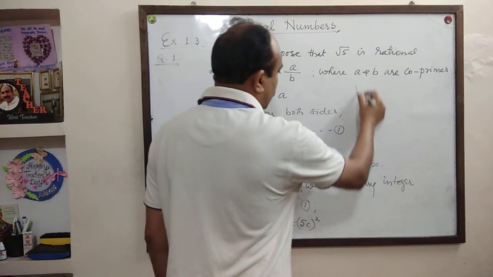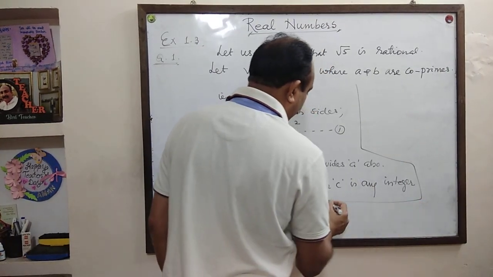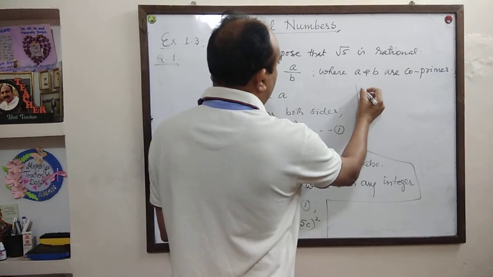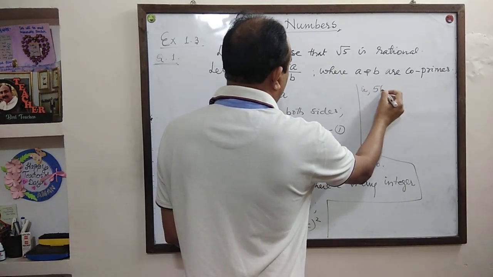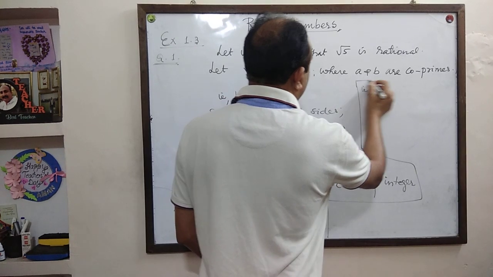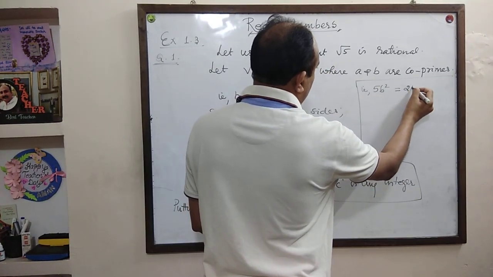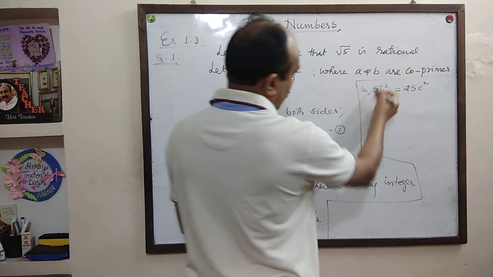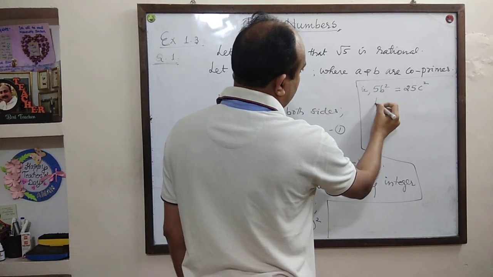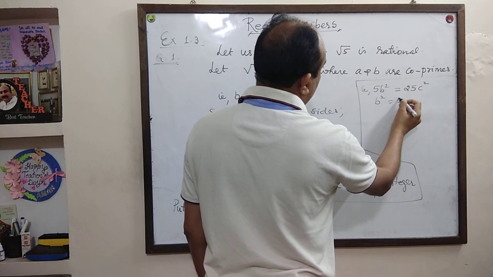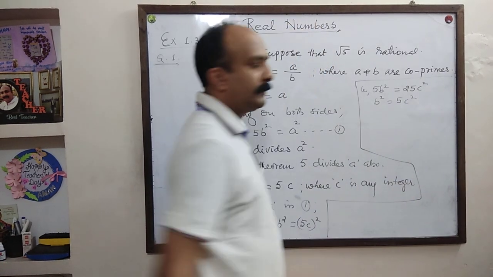So 5b square is equal to 25c square. 5 and 25 got cancelled. B square equal to 5c square.